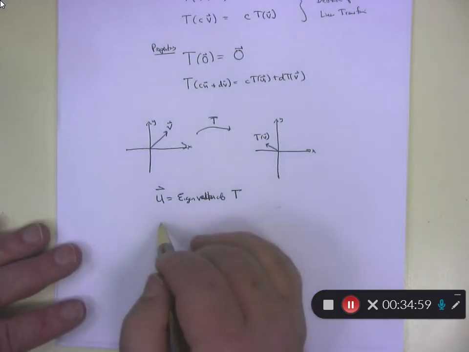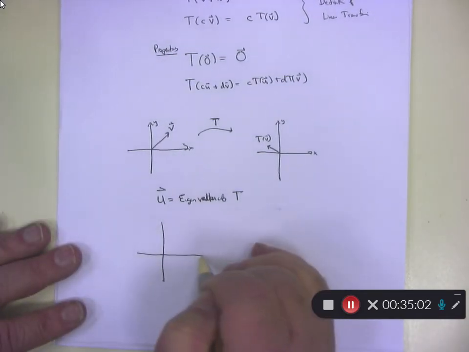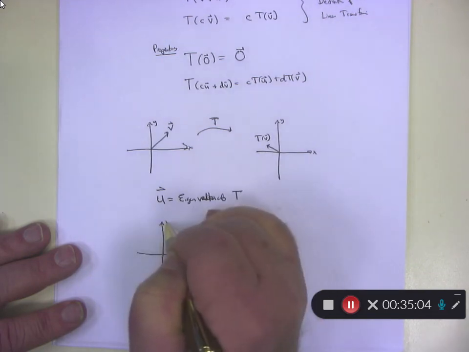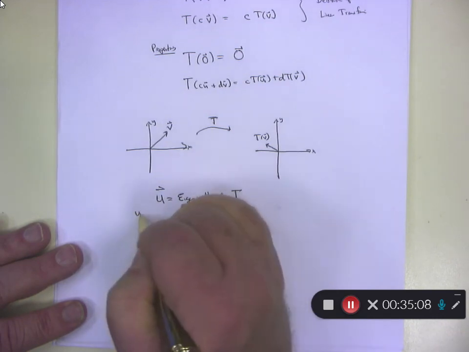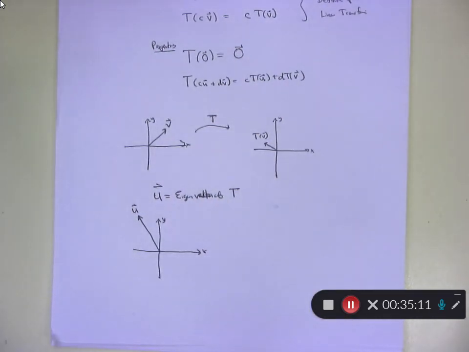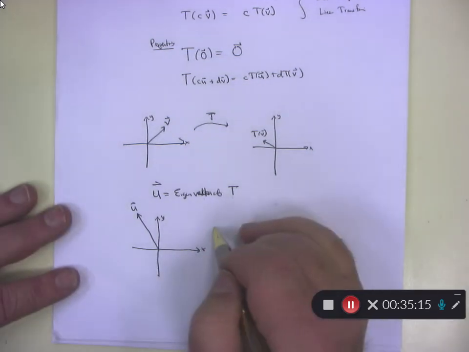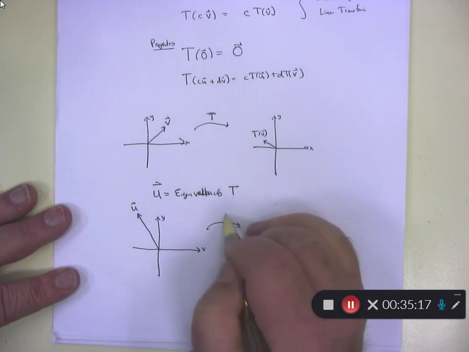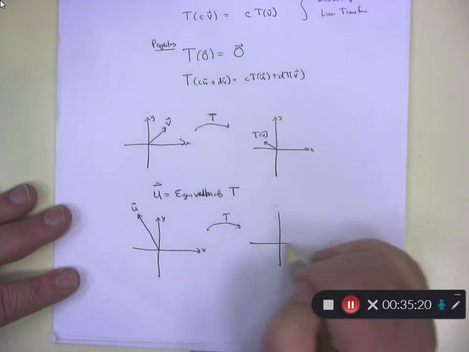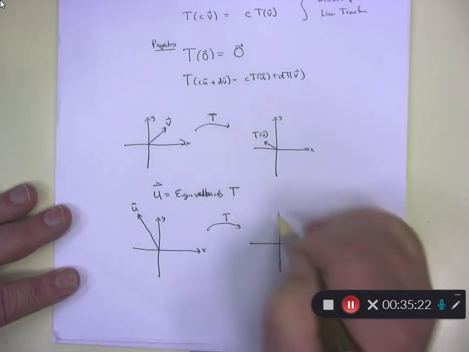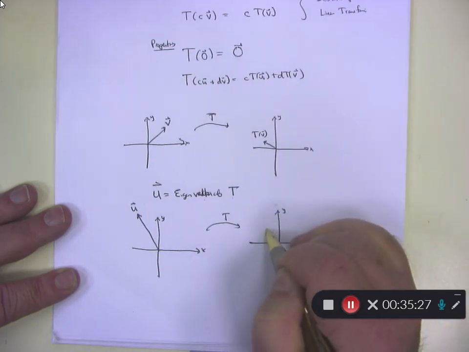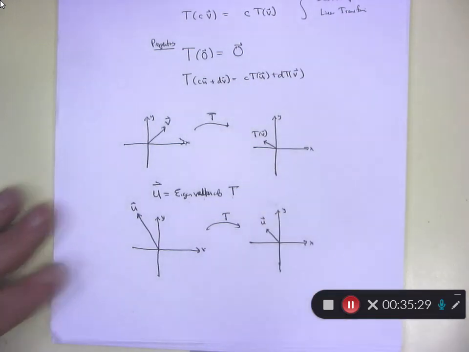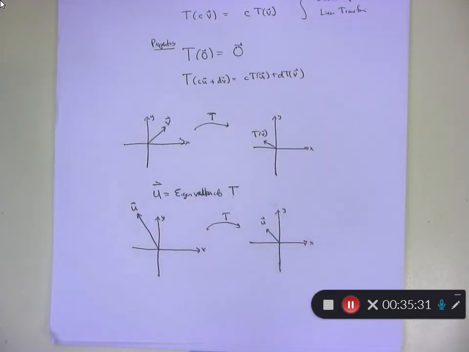Let me pick U: U is going to be this vector right here. This is X, here's Y. There is my vector U. He's real special. U is an eigenvector of T. What the T transformation is going to do to this guy is it's going to do that to him. What did it do?